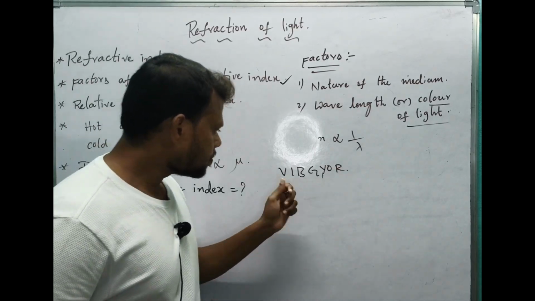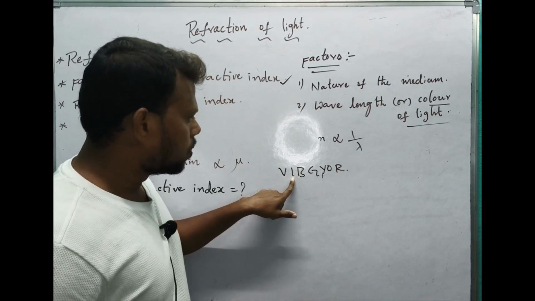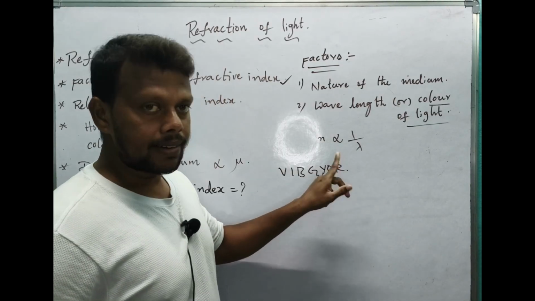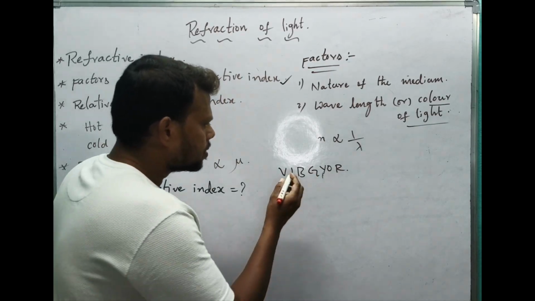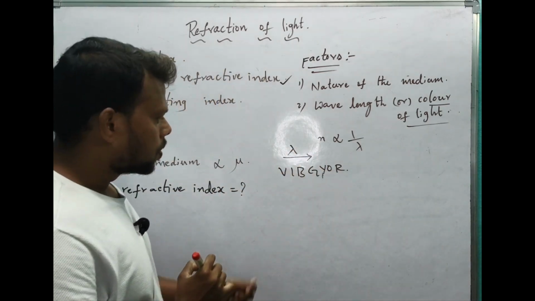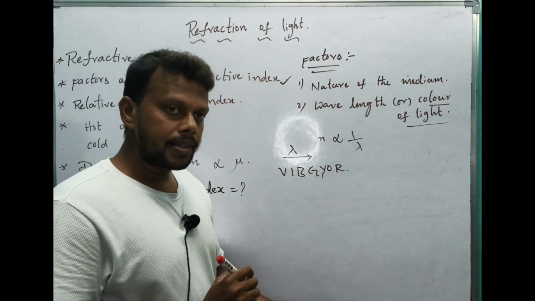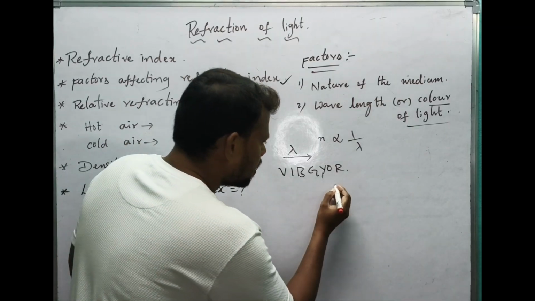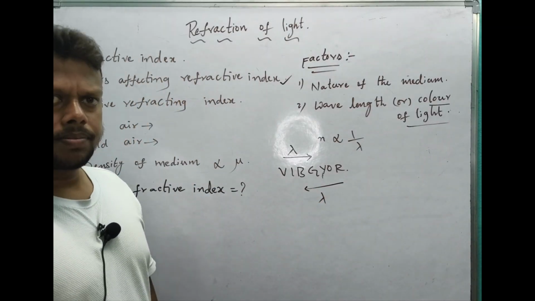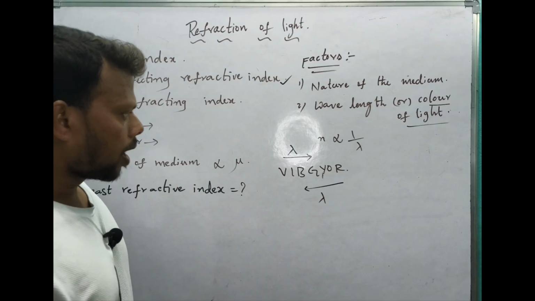I repeat: violet, indigo, blue, green, yellow, orange and red. From violet to red the wavelength is increasing. Similarly, from red to violet the wavelength is decreasing.